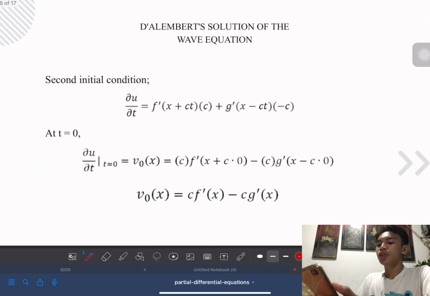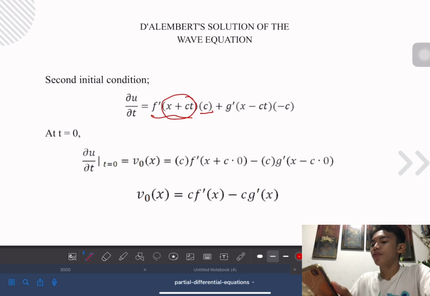Next, substituting the second initial condition, first we need to find the partial derivative of u with respect to t. This is equivalent to f prime of x plus ct multiplied by the derivative of this function, which is c, plus g prime of x minus ct multiplied by the derivative of x minus ct, which is negative c.